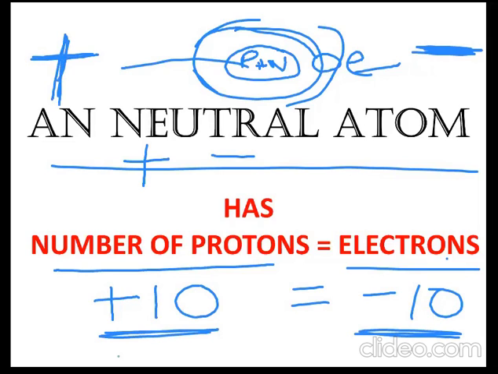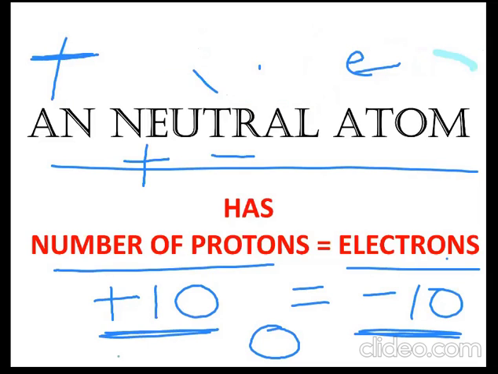And you have done in your maths that plus 10 minus 10 is 0. So the neutral atom has an equal number of protons and electrons, right, Shubh? Okay.